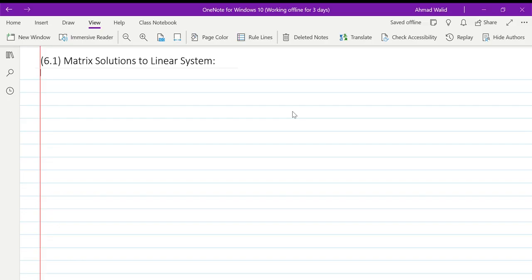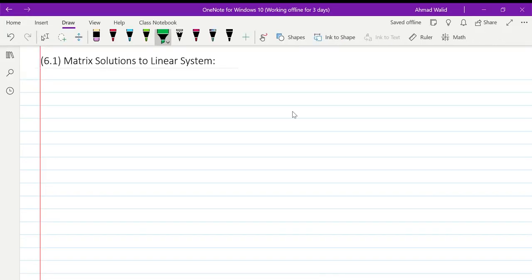But before we start talking about the matrix solutions to linear systems, let's first answer this question. What is a matrix? First, we have to know what is a matrix. Then, after that, we can use it, correct?